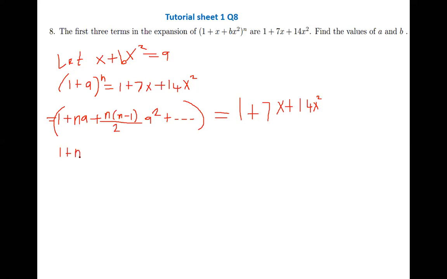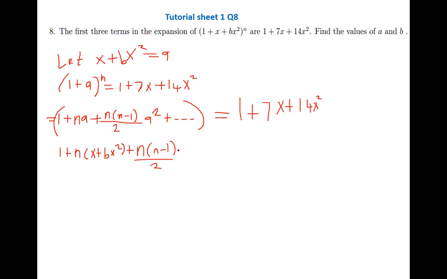So this is going to be n times x plus bx squared, like that. And then plus, I'll still leave my n, and then n minus 1, then everything over 2.